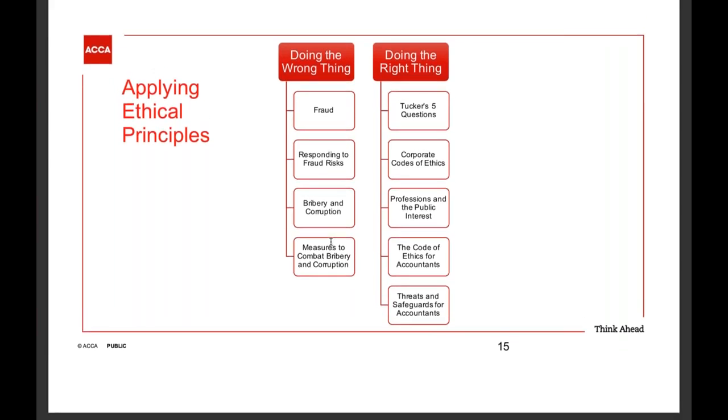Because they see others doing it, so they thought that they can do the same thing. And then you have measures to combat bribery and corruption. Some of the measures that people use to combat this is by having anti-corruption procedures.